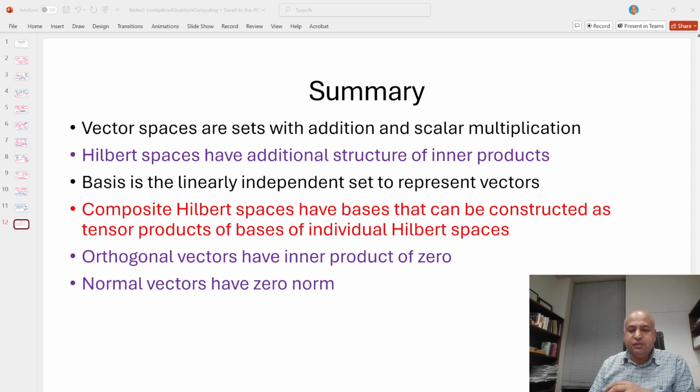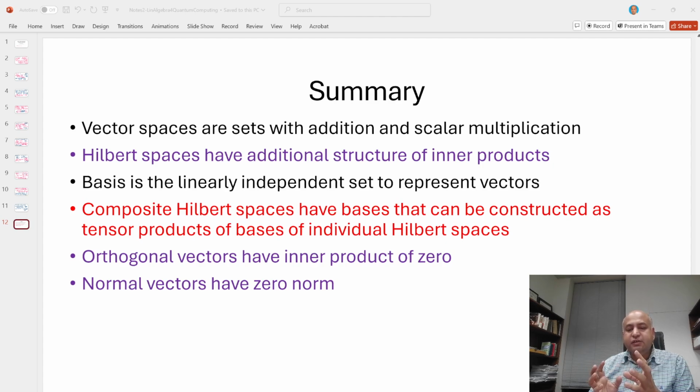If the scalar set is the set of complex numbers, it's a complex vector space. A Hilbert space is a vector space with an additional structure of inner product defined on it, and that inner product lets us also define the norm of each vector in the vector space.